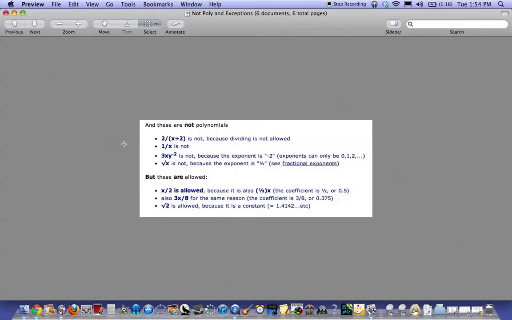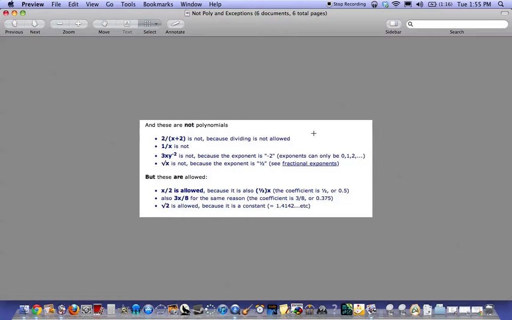Some things that aren't polynomials, just to give you a heads up, these are the key things you're looking for. You can never have a division sign. You can't have a fraction with the variable in the bottom, because you can't divide with a variable in the bottom. If I have 1 over x, I have no idea what that is equivalent to.